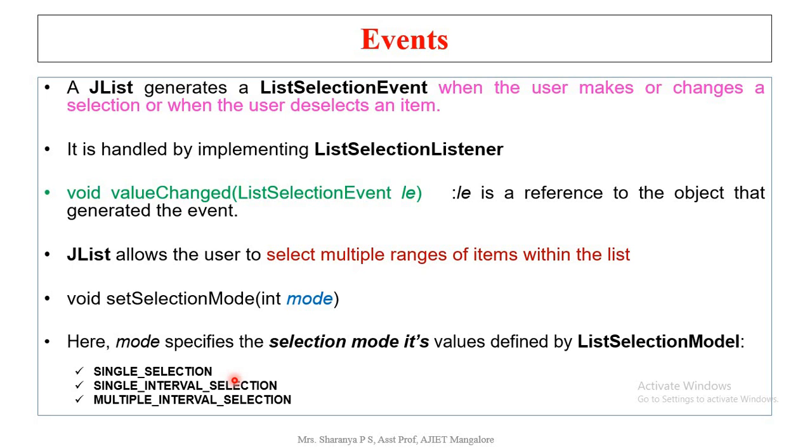This allows a range to be selected by the user. If the user selects single selection as the mode with respect to the setSelectionMode method, then it allows the user to select any one item from the list displayed.